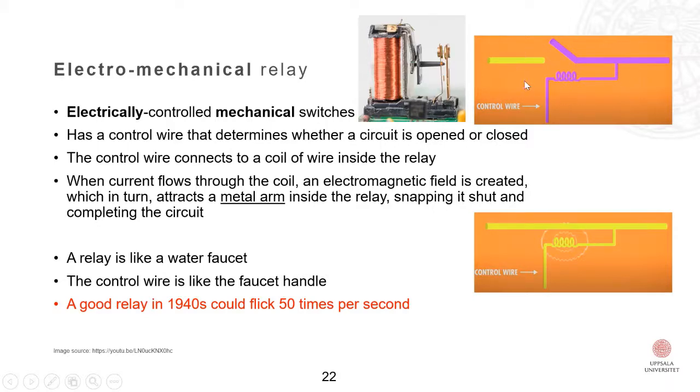In the state in which it is open, the circuit is open, meaning that the electricity cannot flow from one side to the other side. There is no flow here, for example, but it has another state in which it is closed, so the circuit is complete. These two states were actually used in computers to count.